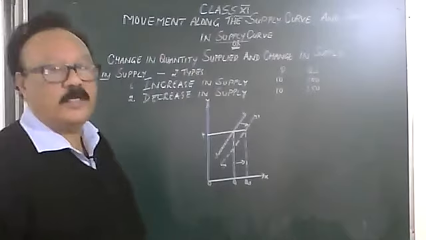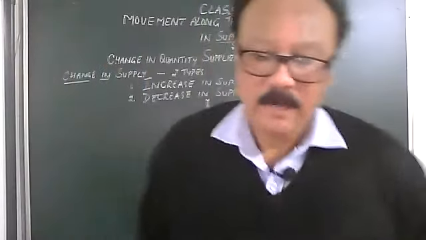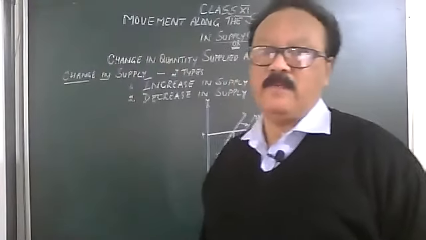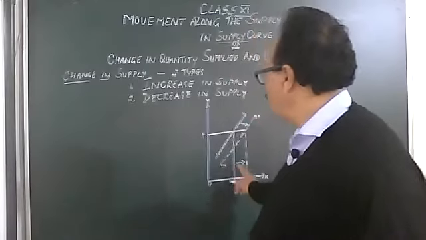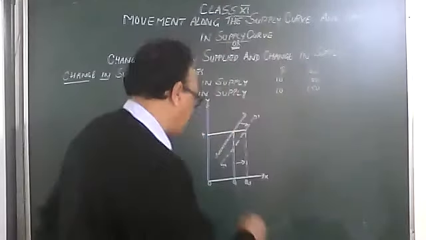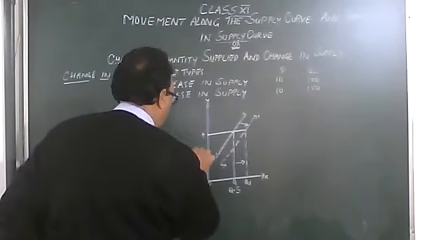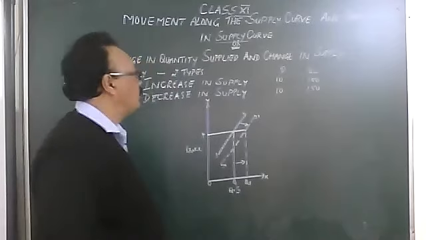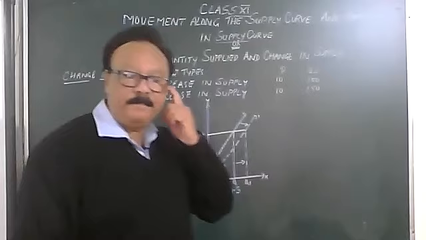Price remains constant, but the other factors, like improvement in technology and price of related products, are changing. We will get a new supply curve. This is quantity supplied on the x-axis and this is the price on the y-axis. This is called increase in supply.